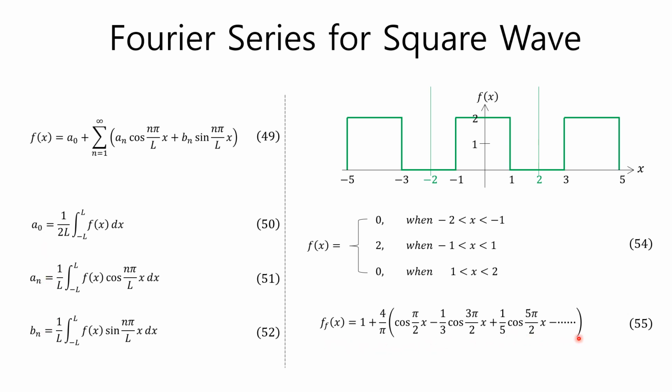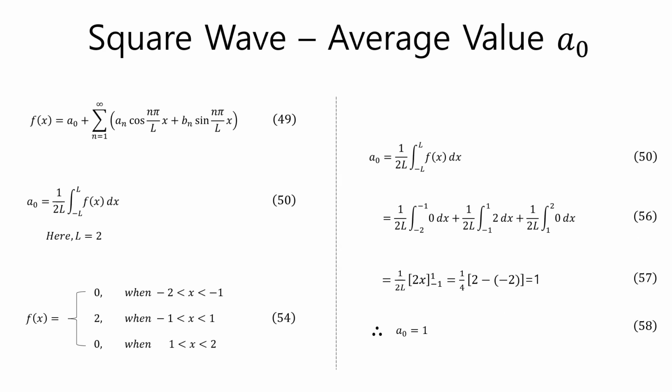Let's look at their calculation process in detail. First, let's find A0 using Euler's formula 50. The period of the square waveform is 4 and L is half the period, so the value of L is 2. By substituting the value of the f(x) function in equation 54 into equation 50 and calculating the integral equation for each section, equation 56 can be obtained.